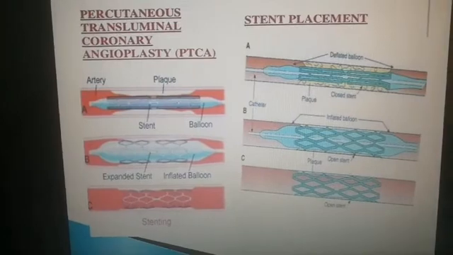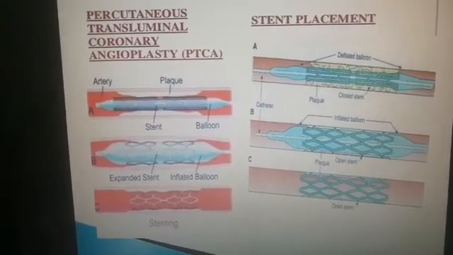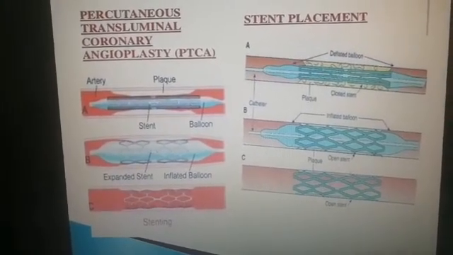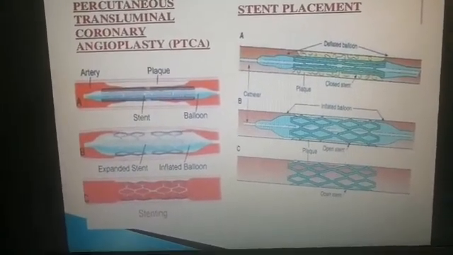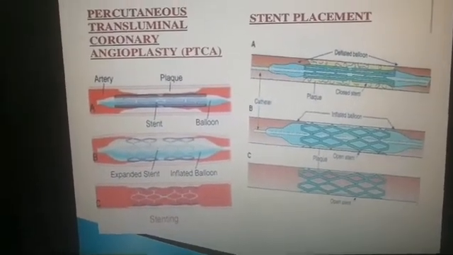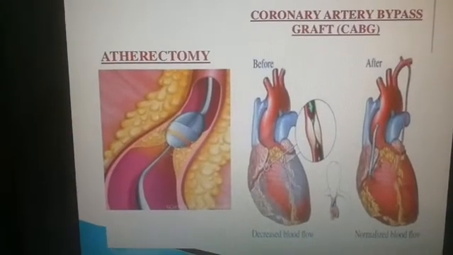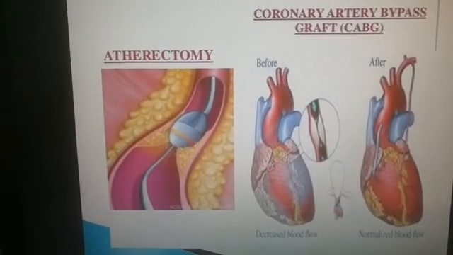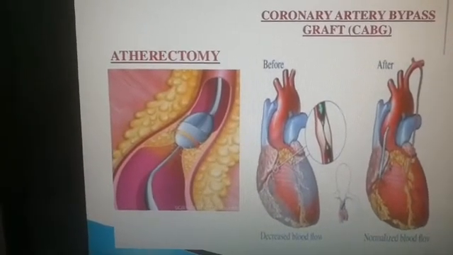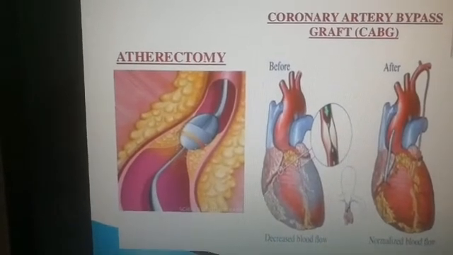There is also a stent placement. In the first picture, the stent is closed, and when the balloon is inflated, the stent is open. This is atherectomy, by which you can remove the thrombus.